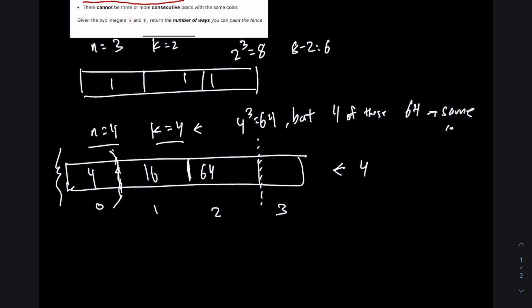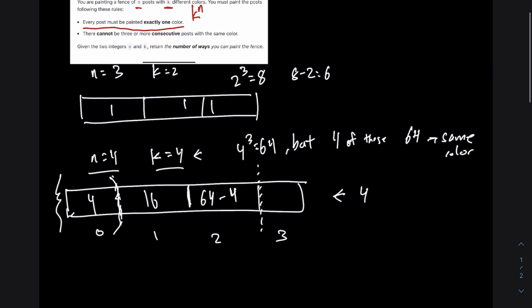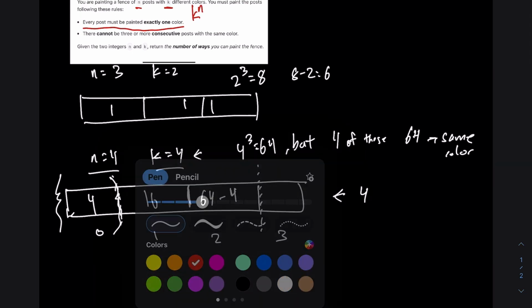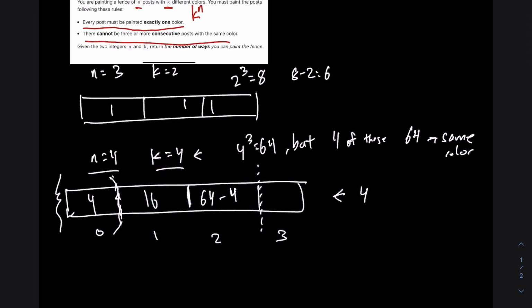So 4 of these 64 are invalid based on this secondary condition. So we would actually only have 60 here because we lose the 0, 0, 0, we lose the 1, 1, 1, and we lose 2, 2, 2, and we lose 3, 3, 3.